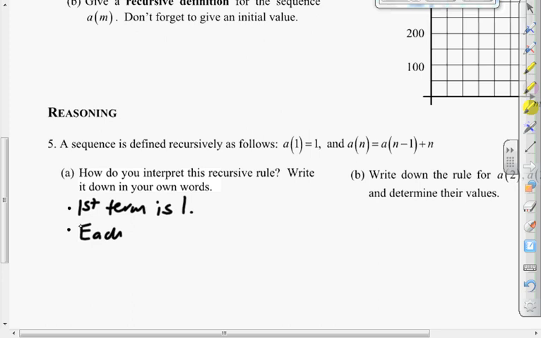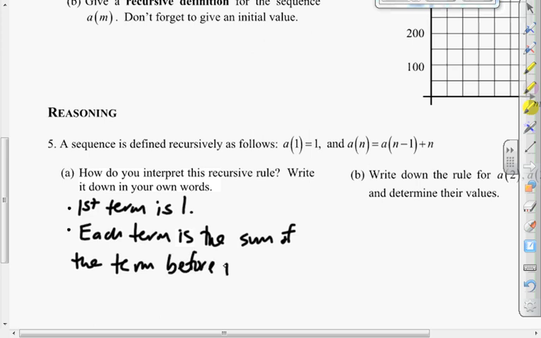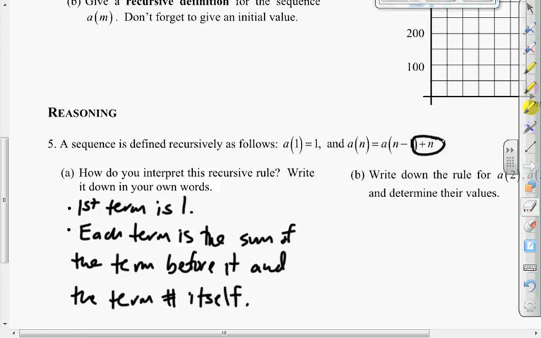Each term is the sum of the term before it and the term number itself. That term number itself is coming from right there. Underline that.